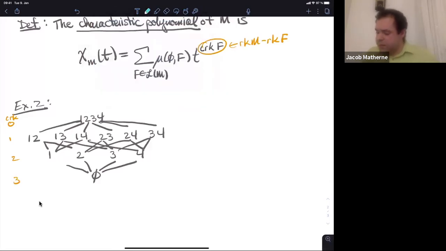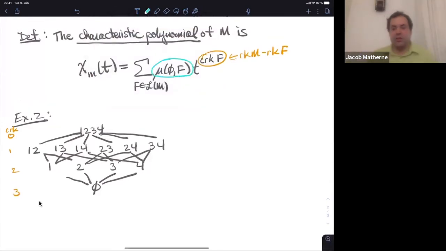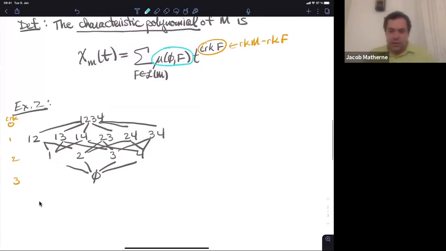And then let me tell you what this Möbius function is. It's the unique integer valued function that takes the value 1 at the bottom of the poset, and its value at any other flat is such that the sum of that value and everything below it is 0. L of M is the lattice of flats of the matroid, so it's just the poset that I've been looking at.